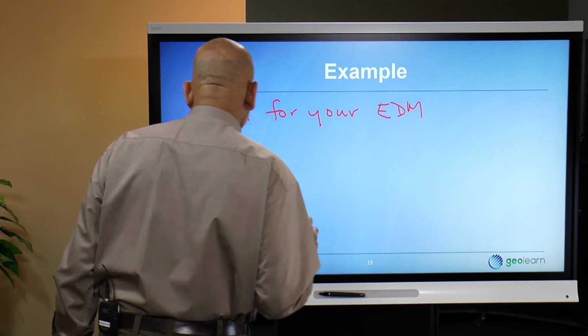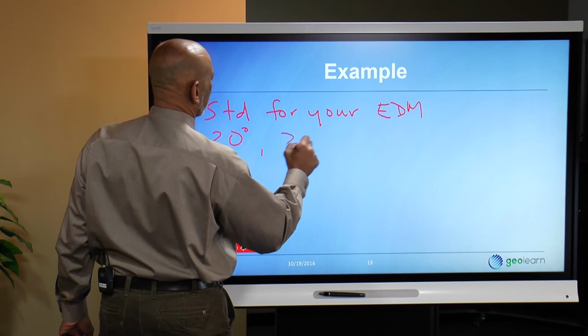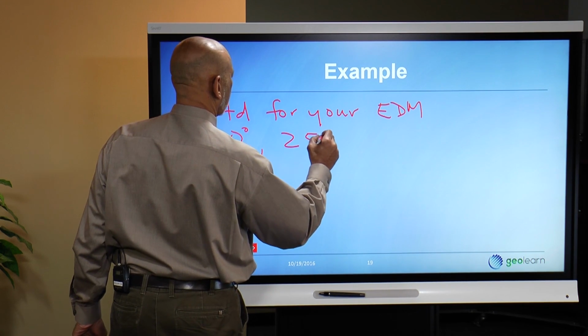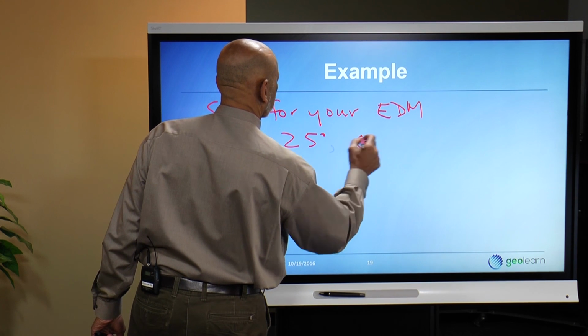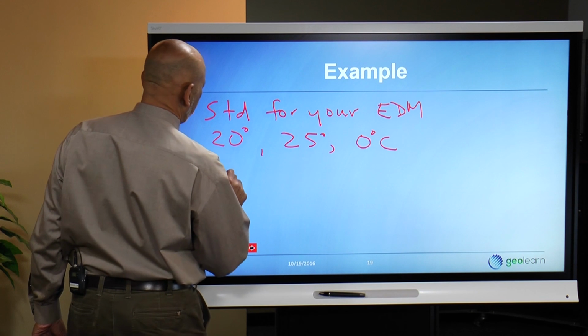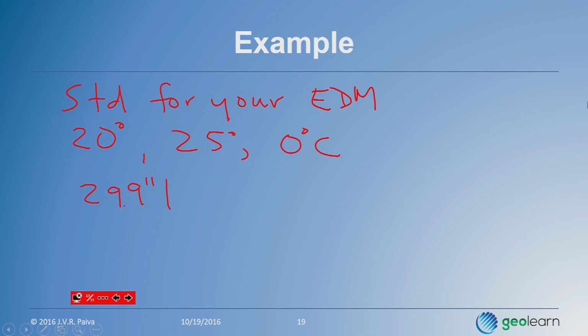The most common is either 20 degrees Celsius, 25 degrees Celsius, or 0 degrees Celsius, not Fahrenheit. And the most common pressure will be 29.9 inches of mercury, which corresponds to 760 millimeters of mercury. So this is when ppm is 0.